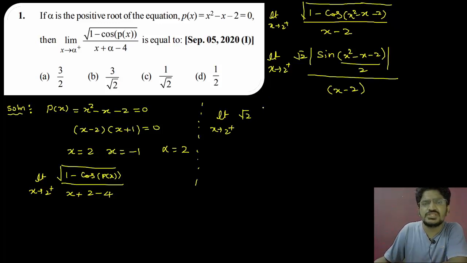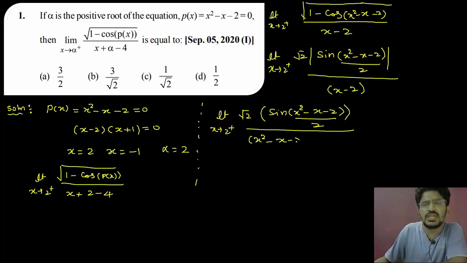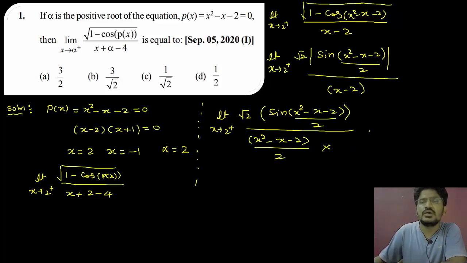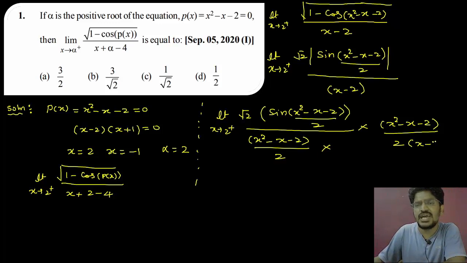Clear? So now we can simplify it as limit x tending to 2 plus, root 2 times sine of x square minus x minus 2 divided by 2, whole divided by x square minus x minus 2 divided by 2, multiplied with x square minus x minus 2 divided by 2, and x minus 2 I will write as it is.